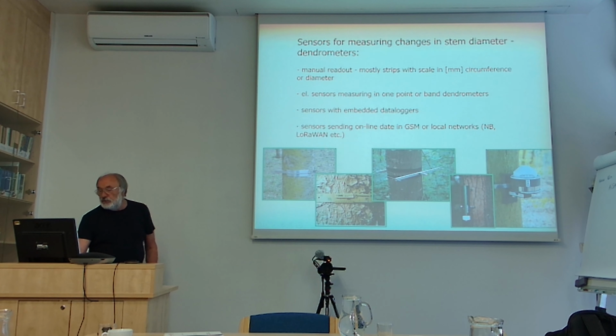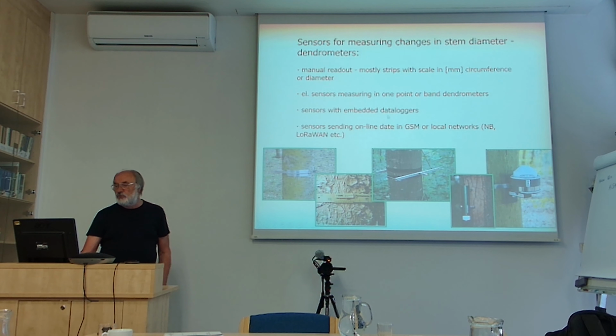Or there is also this point dendrometer, or this one which is the band one which uses the whole diameter for the measurement. Now, there are many discussions about measuring with point dendrometers and with band dendrometers, but principally all of them are usable. It depends on the accuracy and stability of what you need.